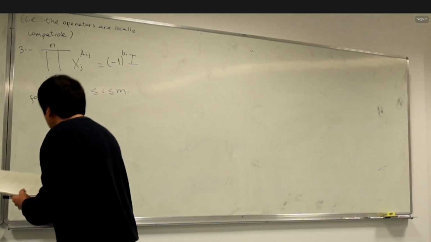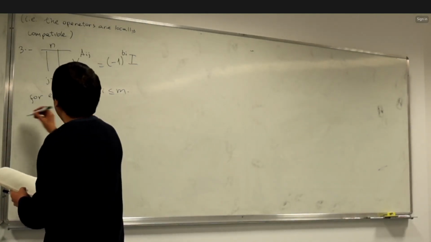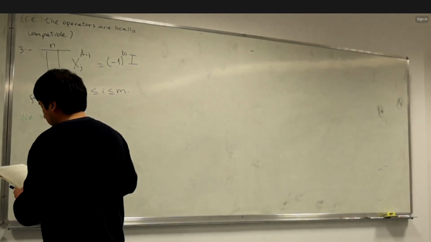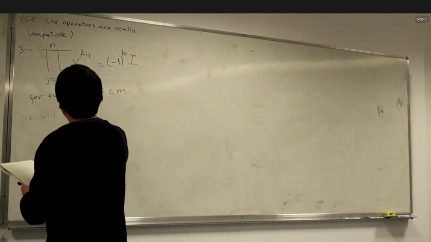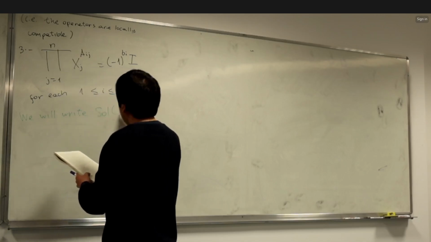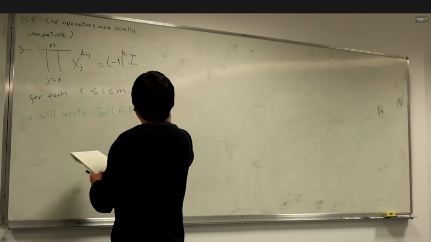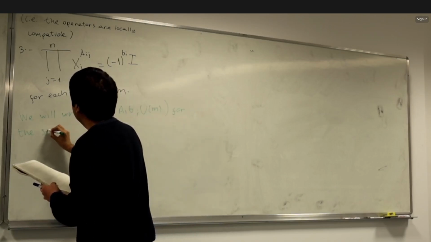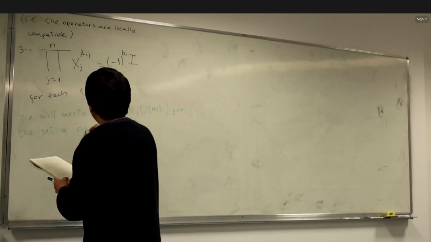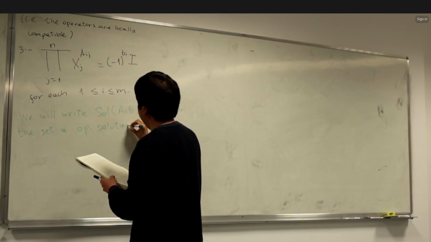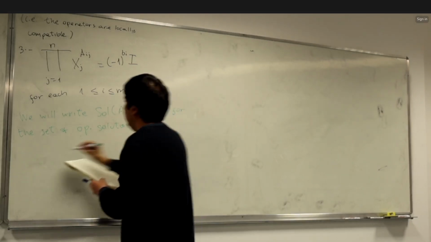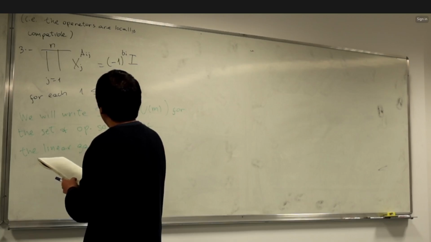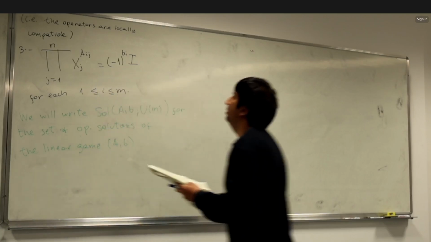We will establish the following notation. We will write Sol(A, B) for the set of operator solutions of the linear game, or linear system, A, B.